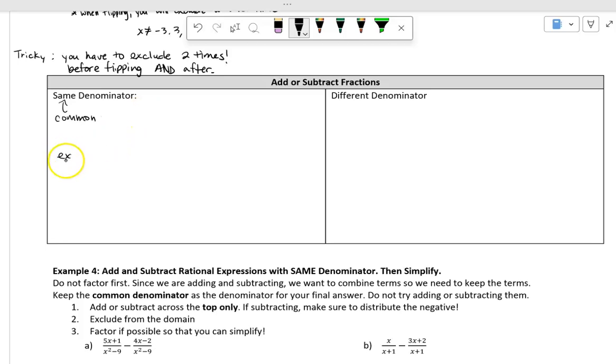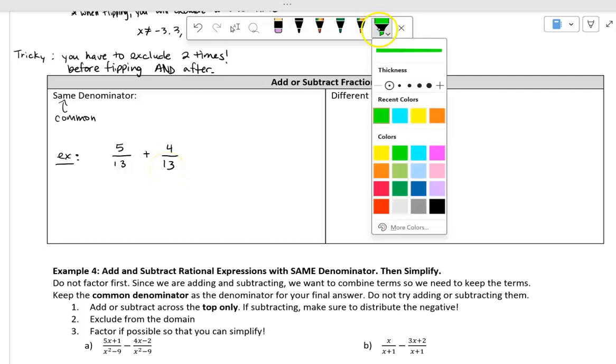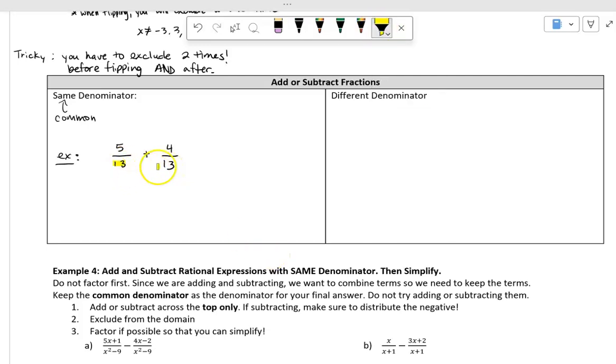And an example of that is going to be just using basic numbers. Let's say 5 out of 13 plus 4 out of 13. Well, we have the same denominator, 13 in both. So our final answer is going to have a 13 for the denominator because you have to keep the same denominator when you add or subtract.